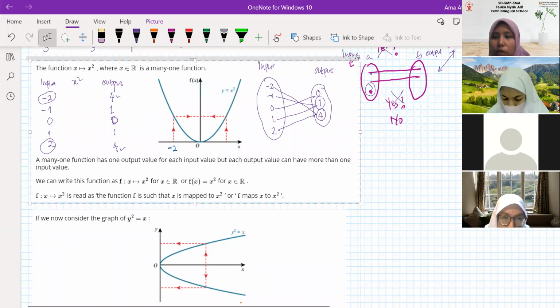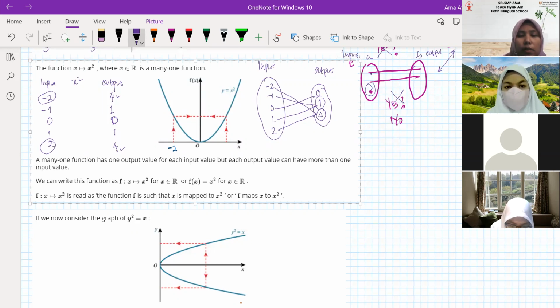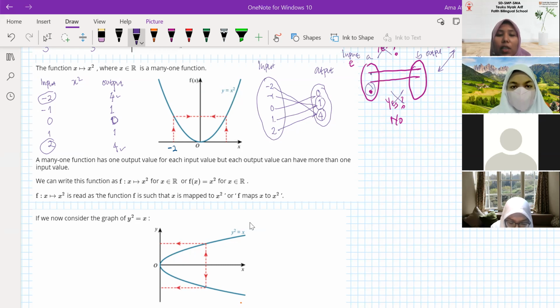Let me ask the students. Can you give me your answer in the chat box for the diagram of y squared equals x? Is it a function or not? Give me the chat box, please, everyone. If you are not giving the chat box, then I will ask. Is it a function or not?